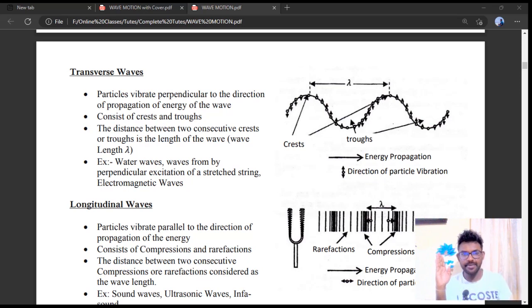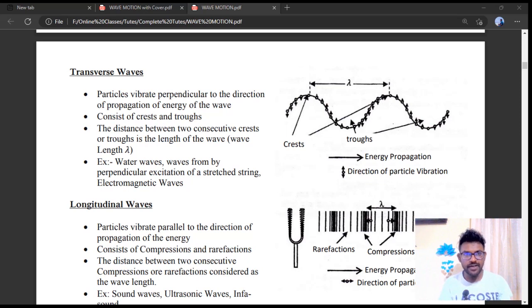The best example is water waves, right? When the wave is propagating, the particles in the medium vibrate perpendicular to the direction of propagation of the wave. The wave is propagating this side while the particles move up and down. That is called a transverse wave.